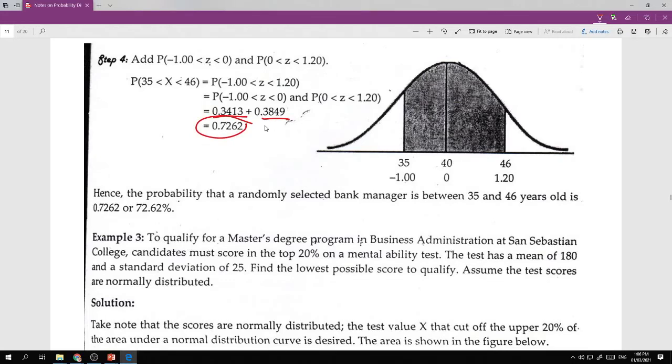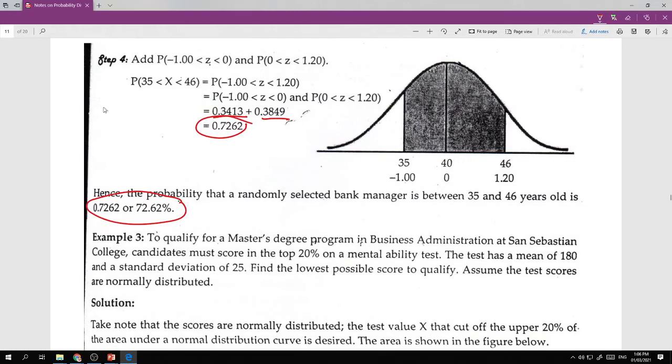So meaning, the probability that a randomly selected banker or bank manager is between 35 and 46 is 0.7262 or 72.62%.